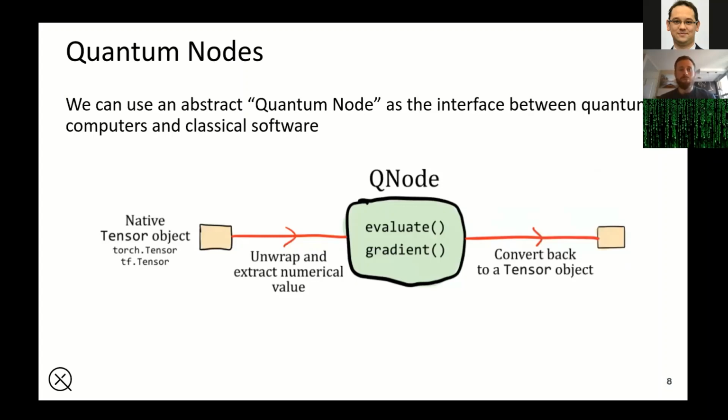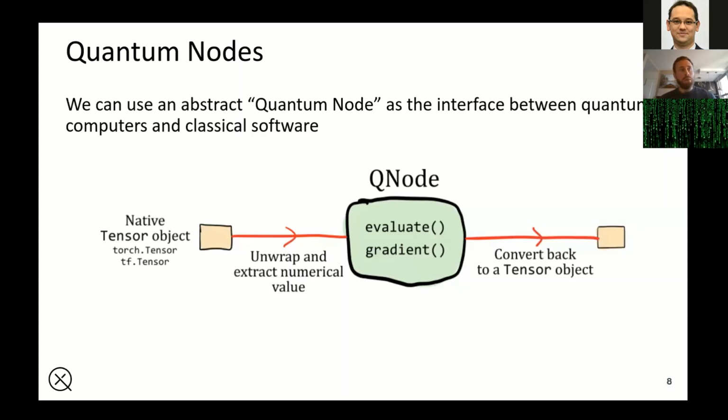The answer is no. What we can do is unwrap the numerical information from these tensor-like objects, input it into the quantum device, and evaluate the device or obtain its gradient. We will look at how to obtain quantum gradients in just a minute. Once we have such results, we can convert them back into the tensor-like objects that we are using from a specific machine learning framework.